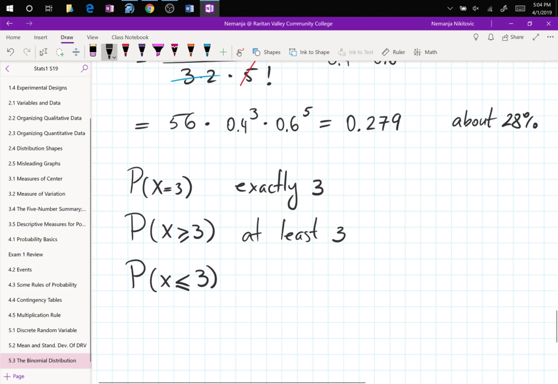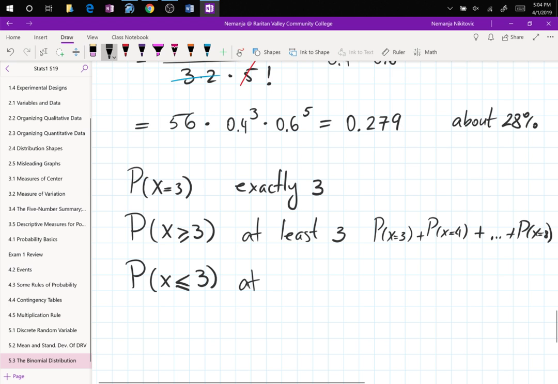Now guys, that's going to be P(x = 3) plus P(x = 4) plus ... P(x = 8). You have to add them all. So you'll have a lot of annoying calculations there.